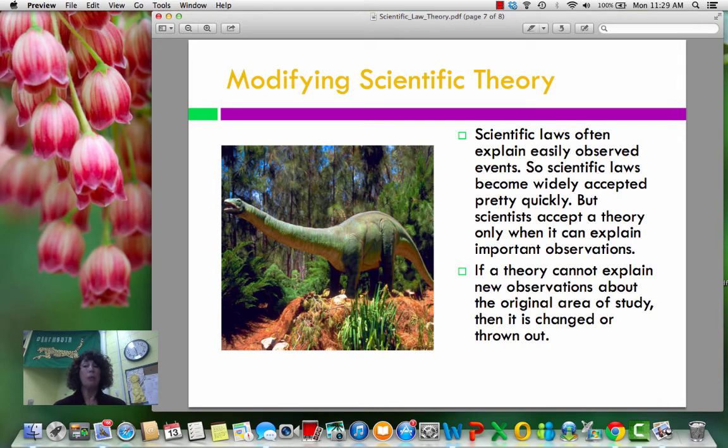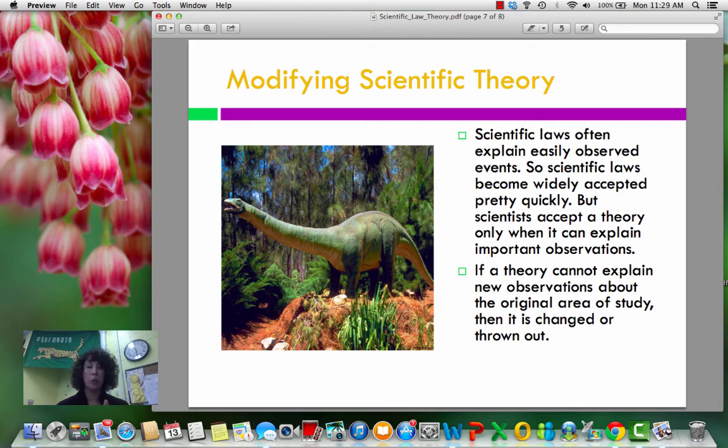Now, laws often explain easily observed events, so they become widely accepted pretty quickly. On the other hand, a theory is only accepted when it can explain important observations. If the theory can't explain observations that are new, then it's changed or thrown out.